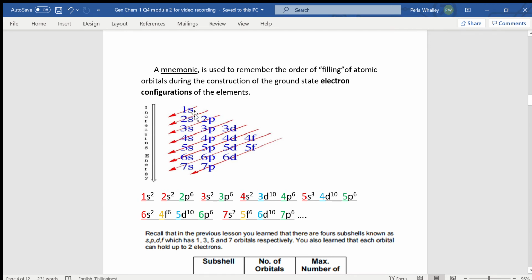So that means it is s, s, p, s, p, s, d, p, s, d, p, s, f, d, p, s, f, d, p.